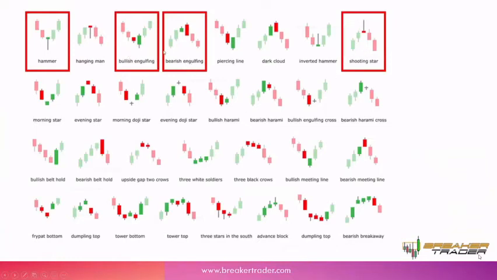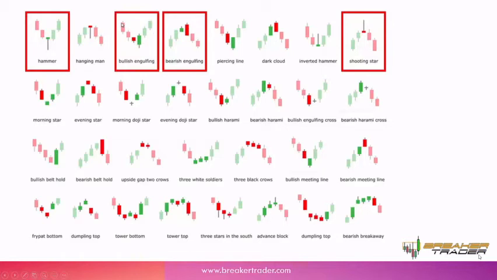Bullish and bearish engulfings are also patterns that I use on a regular basis. Bullish engulfing is where the body of the candle completely engulfs the body of the previous candle. Ideally, the previous candle would be the opposite color. So this is a bullish engulfing.